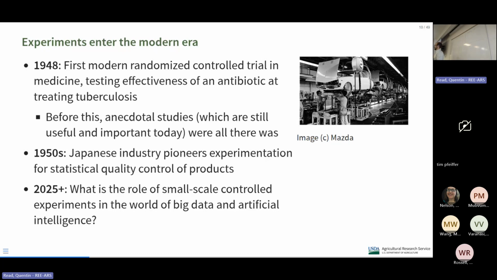We have relatively small sample sizes and amounts of replication compared to the high throughput observational data you could collect in a non-experimental setting. So is the paradigm of experiments still useful within that world, right? I think it is, and it can be integrated with these other approaches to learn a lot.